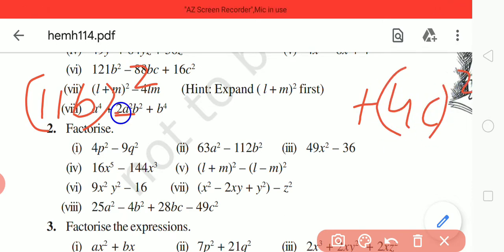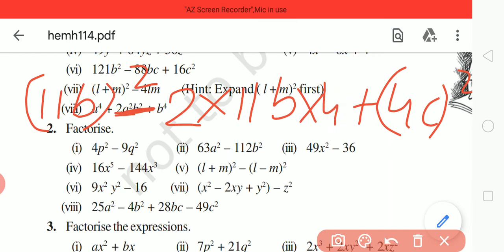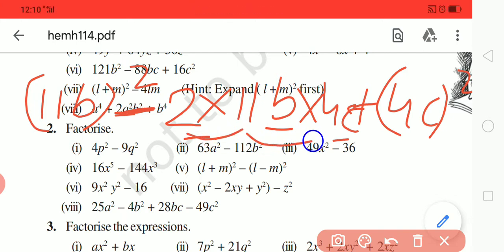And the middle sign will follow as it is, and 2 multiplied by 11b multiplied by 4c. If you multiply all the terms in the middle term, it will be 88bc, then our identity can be true. So 11 twos are 22, 22 fours are 88bc, right?